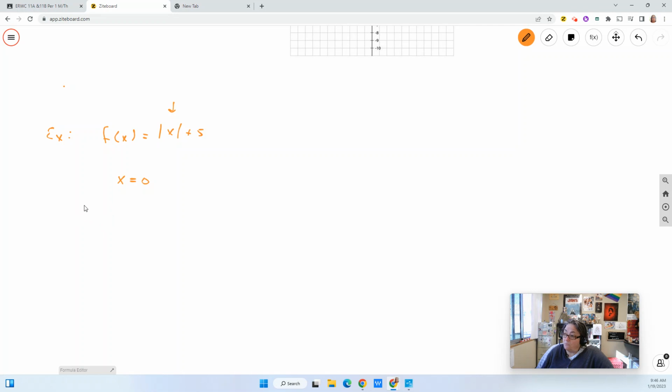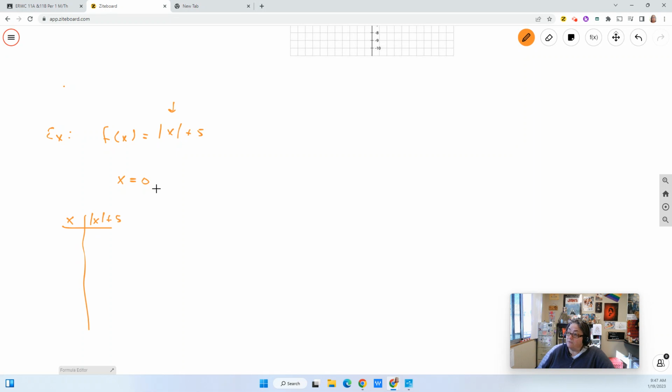And so when we go to fill out the table, this is where we're going to put whatever we're inputting for x, and here we're going to have the absolute value of x plus 5.